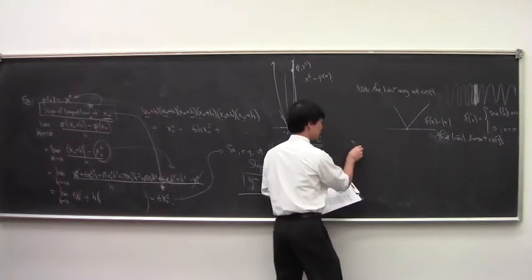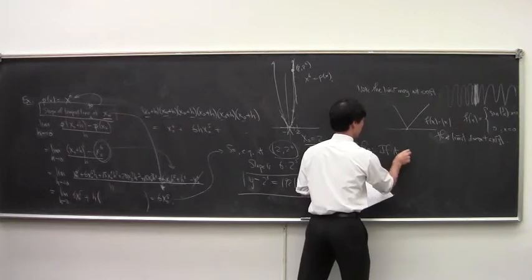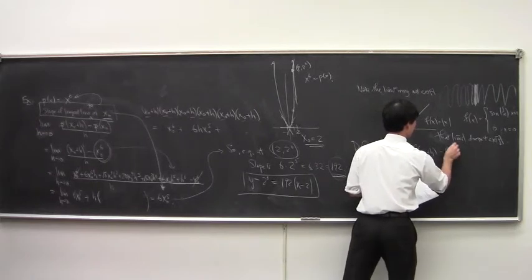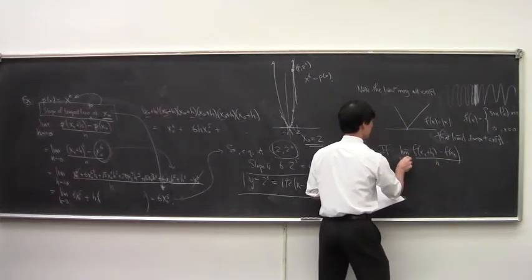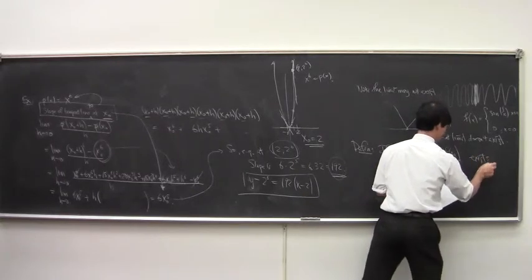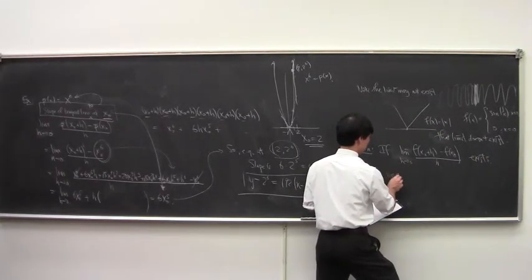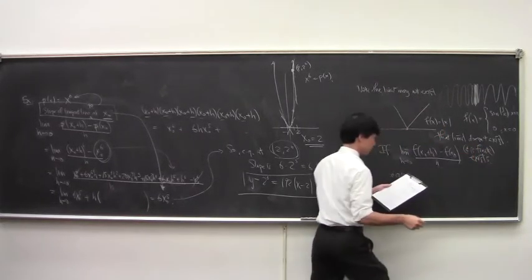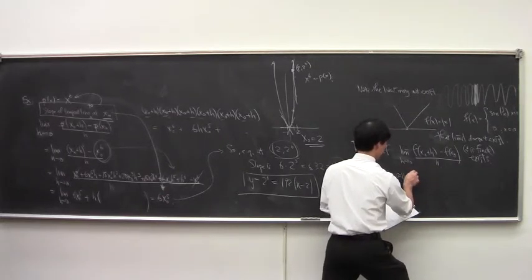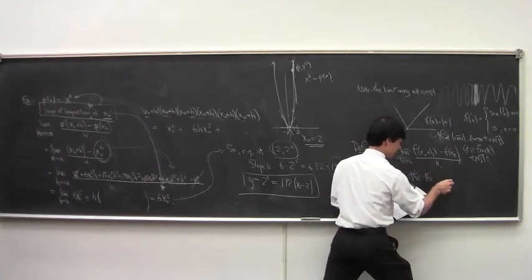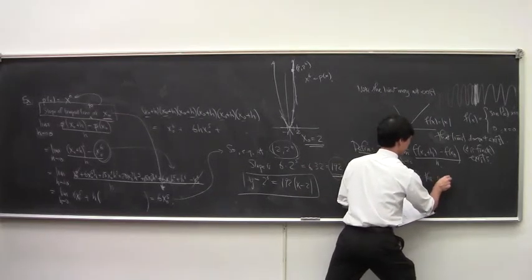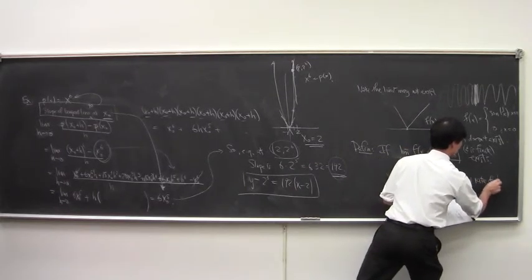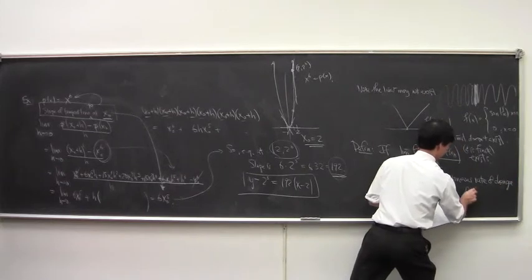Okay. If the limit does exist, if the limit of f of x naught plus h minus f of x naught over h as h goes to 0 exists, and let's say it's finite, so I don't want to talk about an infinite one, we call this the instantaneous rate of change of f at x.